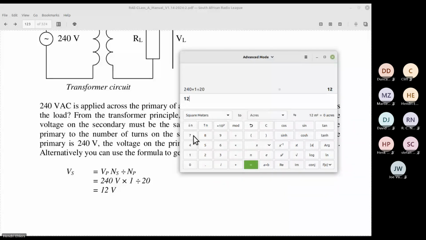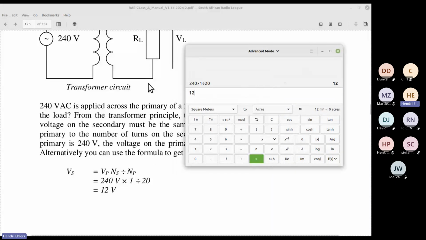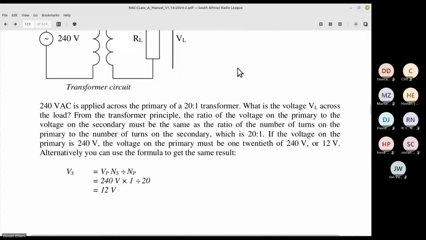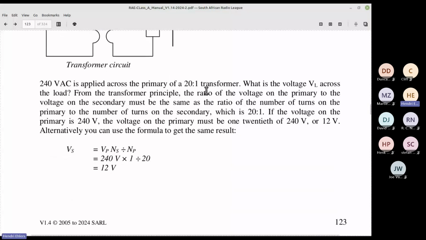And all these formulas, they're on your formula sheet, so you don't have to know them. You must just know what they look like and where to use them. So the secondary side of this transformer would be 12 volts.